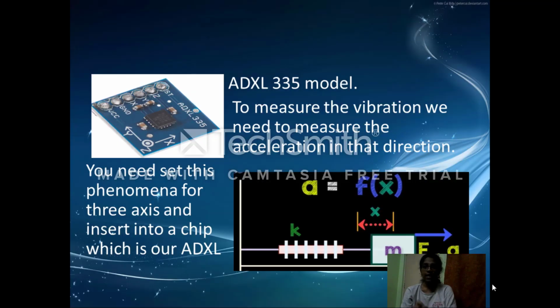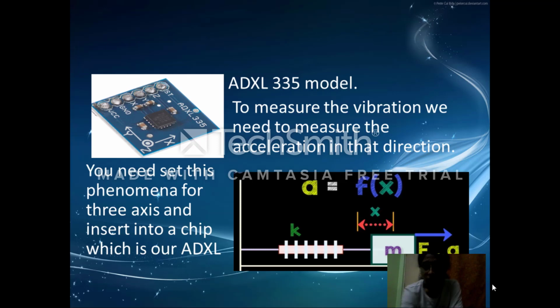Now this ADXL335 model is one of the models of accelerometer, which is a capacitive sensor. We'll see what a capacitive accelerometer is in our next slides, but for now just forget it. And now to measure, let's go into the physics of this. To measure the vibration, we need to measure the acceleration in that direction.